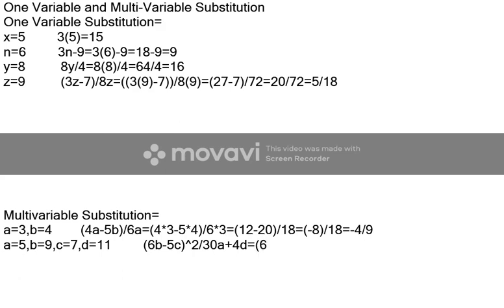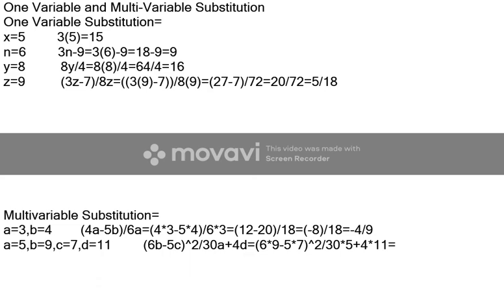So we have 6 times 9 minus 5 times 7, and then square that, divided by 30 times 5 plus 4 times 11. So that's our final equation. It's very long, but let's cut to the calculations.